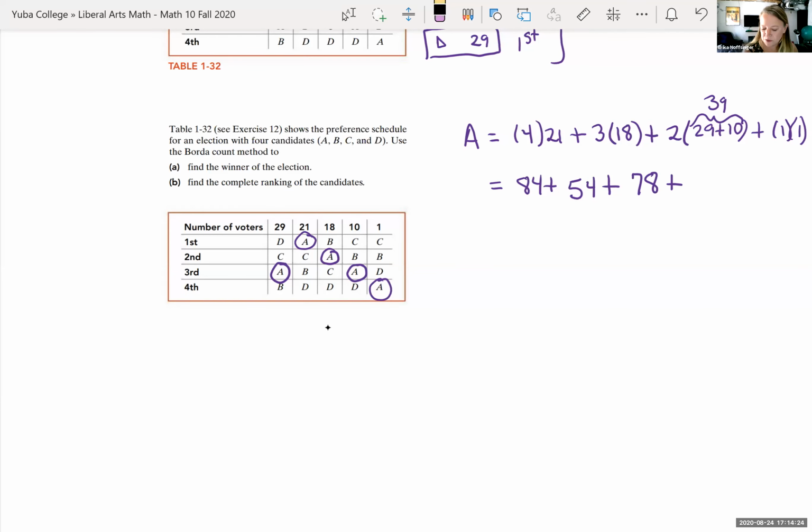And then 1 times 1 is just 1. So if we sum those, I don't have my calculator up, we have 84 plus 54 plus 78 plus 1, which should give us 217 points.